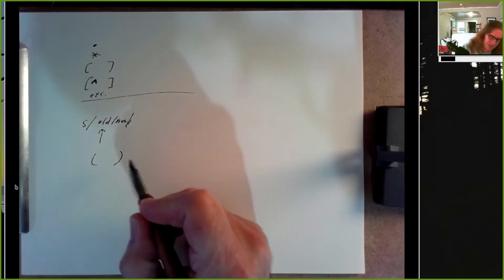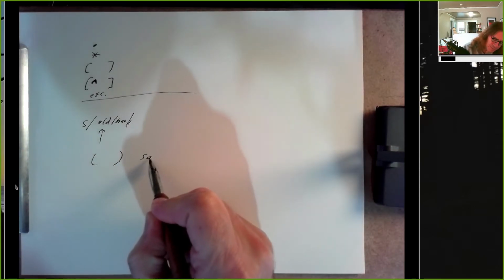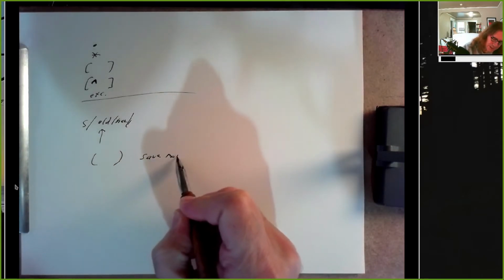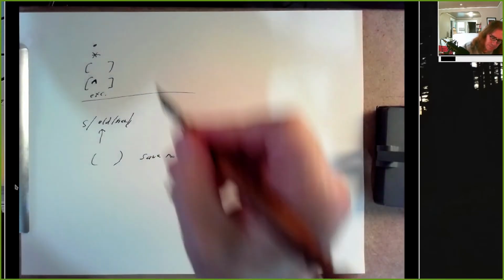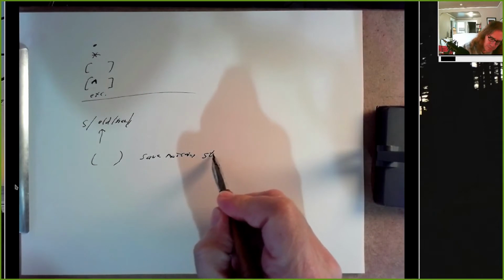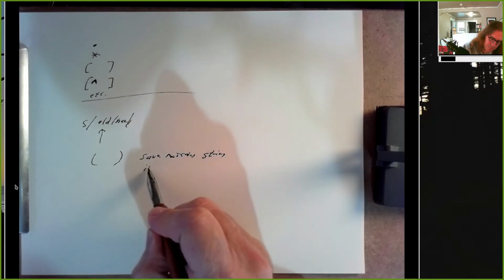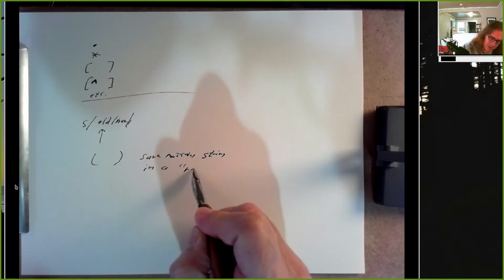So parentheses save the matching string in what's called a register.